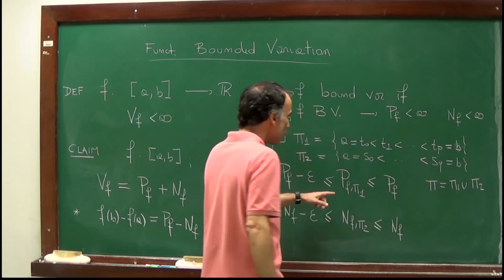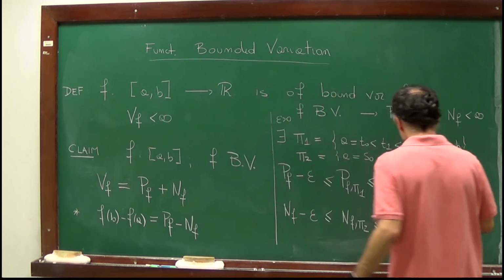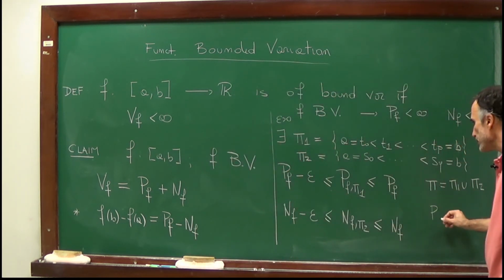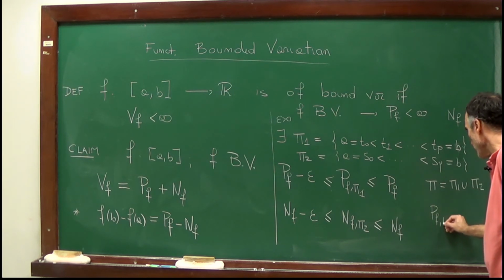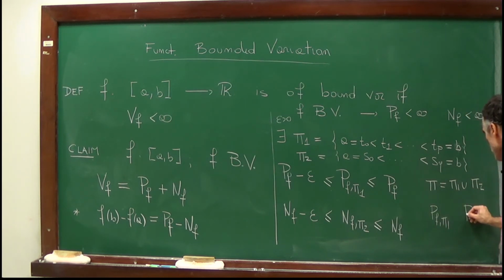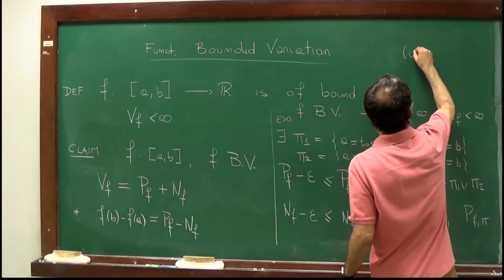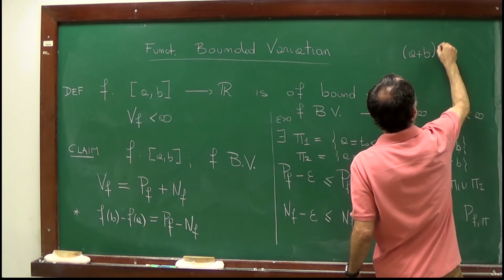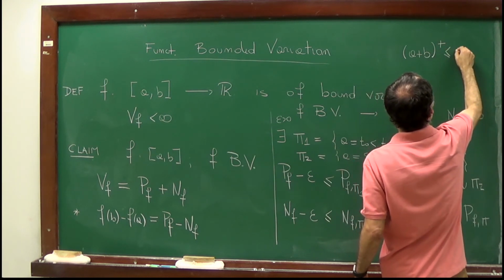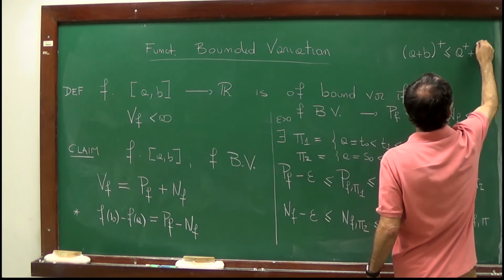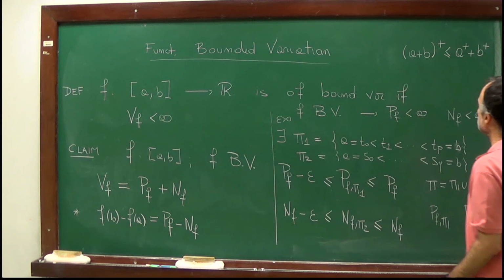And what happens if I compare the positive variation of f along pi 1 with the positive variation of f along pi? Well, pi has more points. So by the fact that if you take a plus b and the positive part, this is bounded by the positive part of a plus the positive part of b.